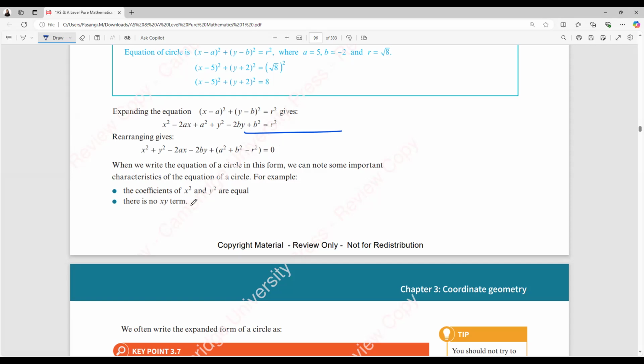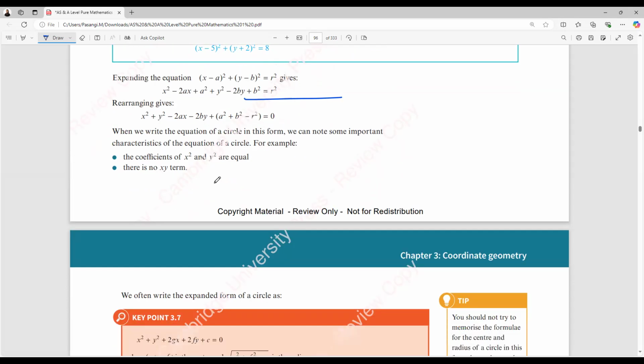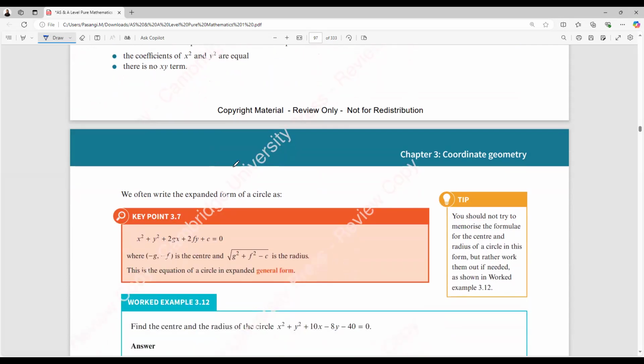Also, the coefficients of the x squared and y squared terms will always be the same. For example, 2x squared plus 2y squared. Always the coefficients will be the same. That's what we have here.